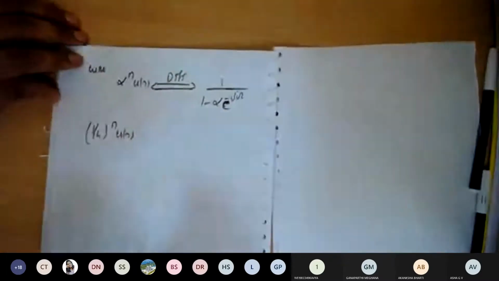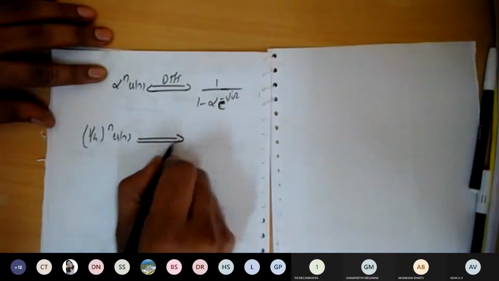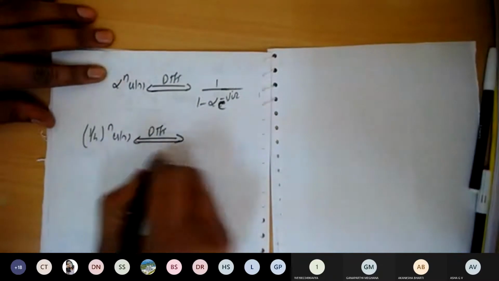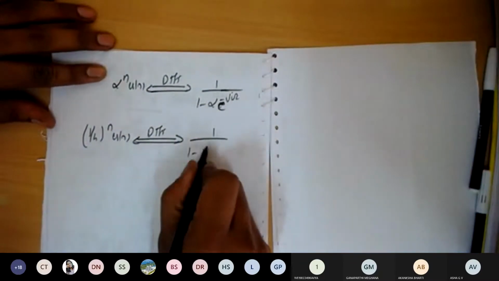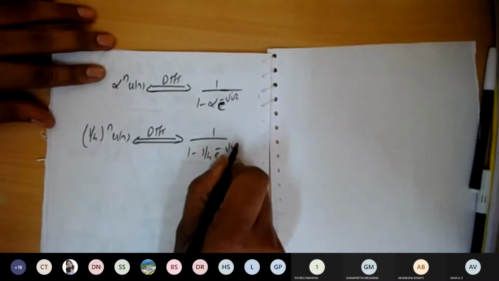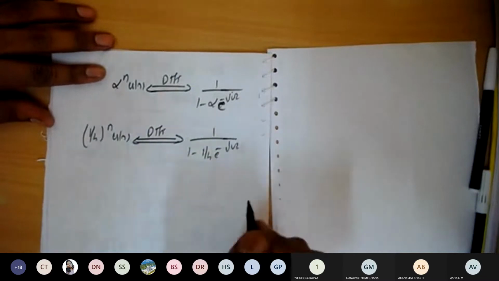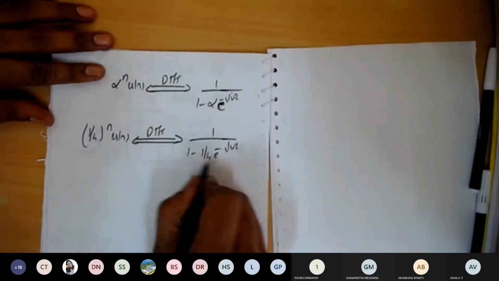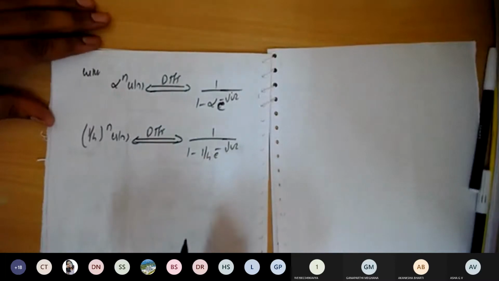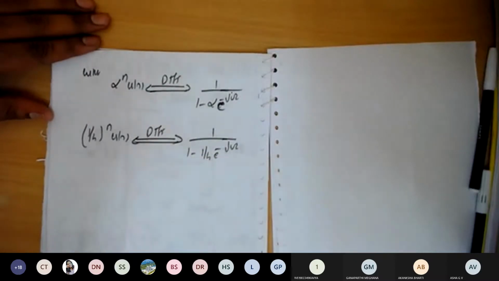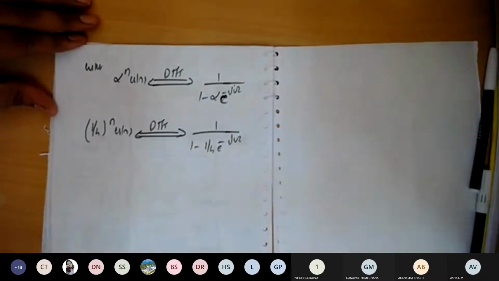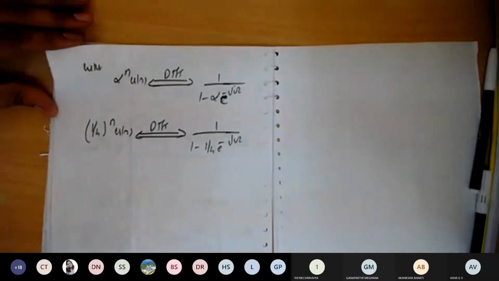Let us apply that one. So the corresponding DTFT will become equal to 1 divided by 1 minus 1 by 4 into e to the power of minus j omega. We'll get that. Next, we'll apply the time shift property.